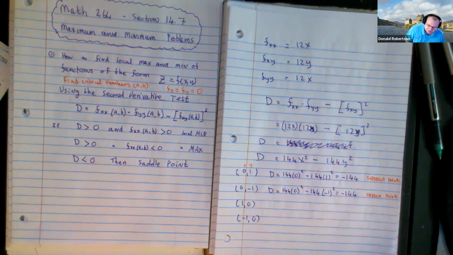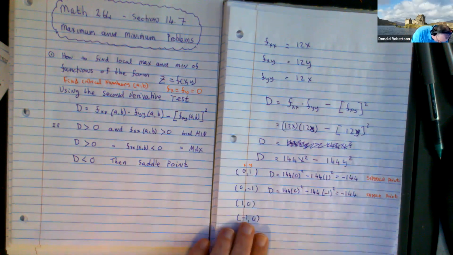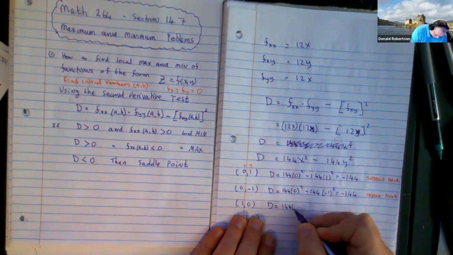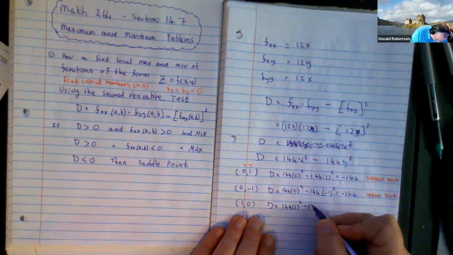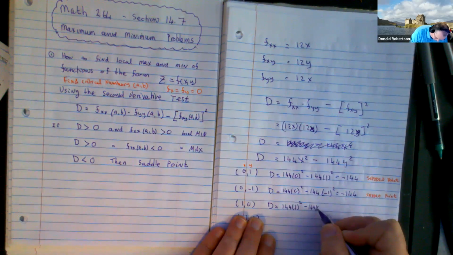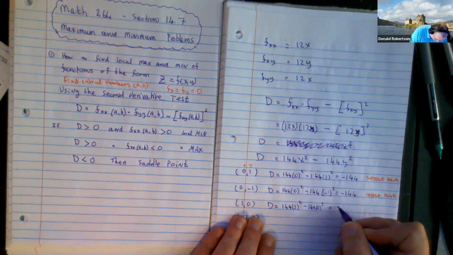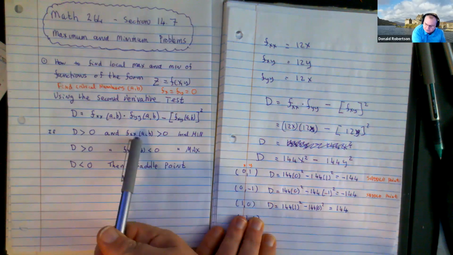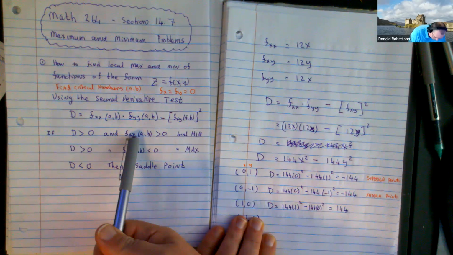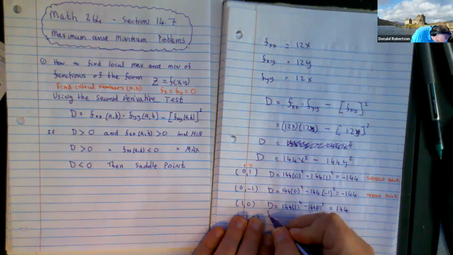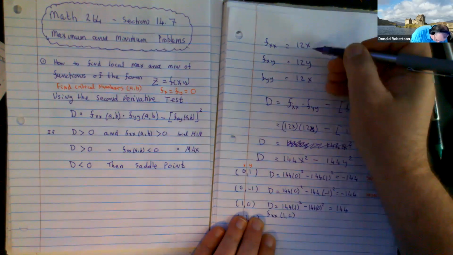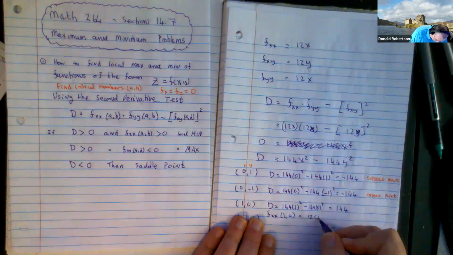Let's see what happens at this one here. It looks like D is going to be 144 times 1 squared, take away 144 times nothing squared, which is positive 144. Now when it is positive, don't we also need to check what the second derivative is like, which is this guy here. So I'm now going to do the second derivative at 1, 0. The second derivative is 12 times x, which is 12.